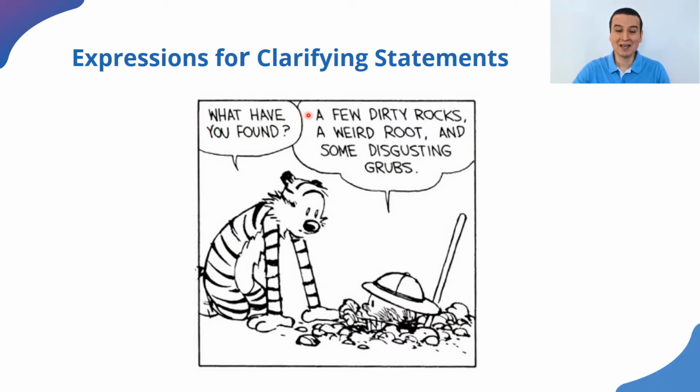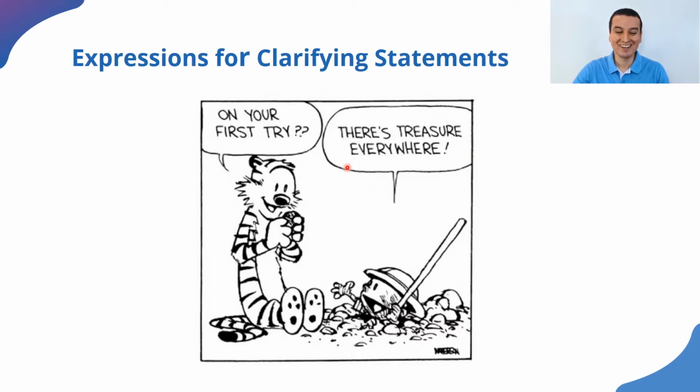And Calvin says, a few dirty rocks, a weird root, and some disgusting grubs. And Hobbes says, oh, on your first try, like all that on your first try, like the first attempt, the first time you do it and you found all that, look at his face. And Calvin says, there's treasure everywhere. I love this.